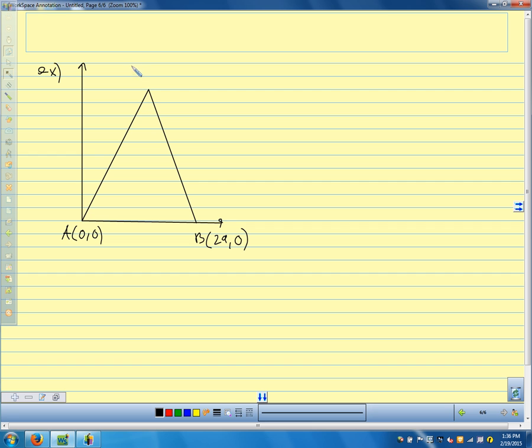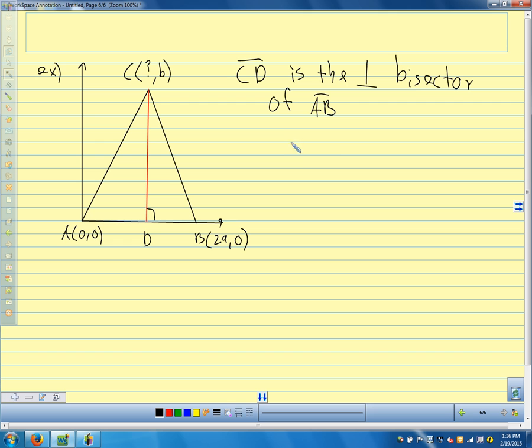And C is at the point question mark, B. And I'm going to draw another segment here. And we're going to say that CD is the perpendicular bisector of AB. And we want to find the missing coordinate.